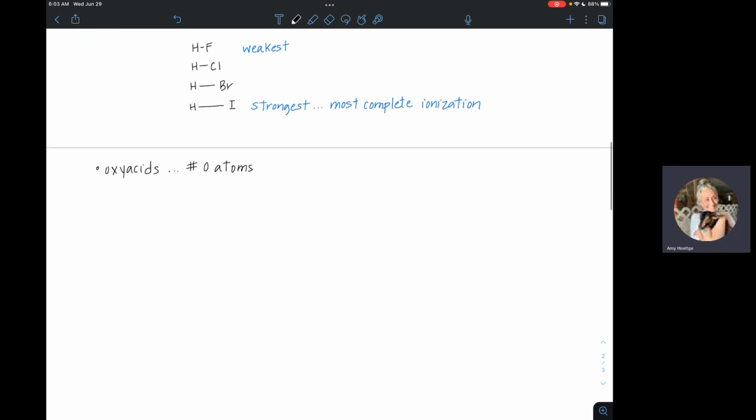So for example, I could take acetic acid, and this is going to be our acidic hydrogen, and we're going to compare it to trifluoroacetic acid.